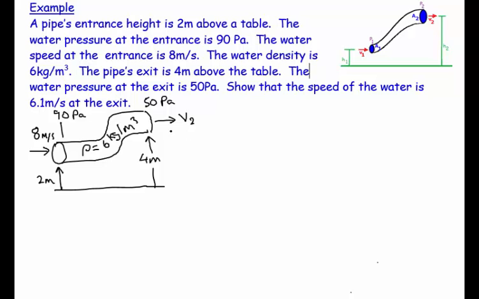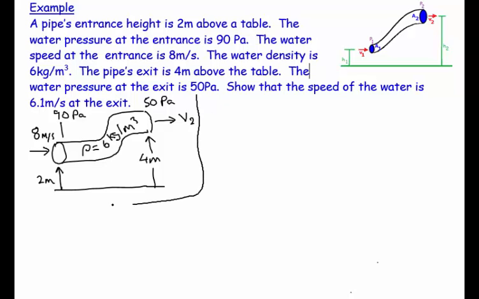So there's my visualization. I'm given a whole bunch of information. I want to find this one piece of information: what is the exit velocity? And hopefully this will prompt in your mind Bernoulli's equation.